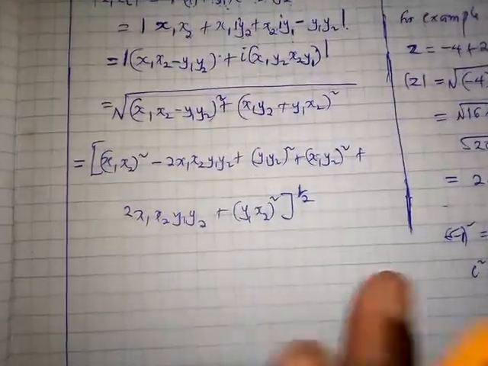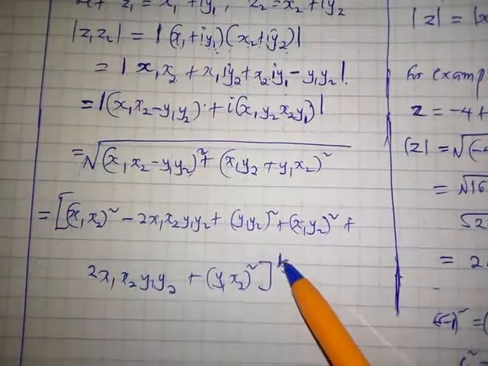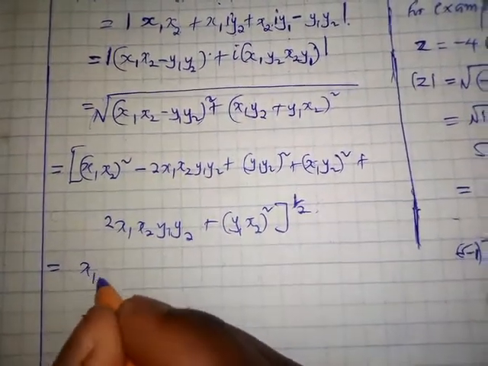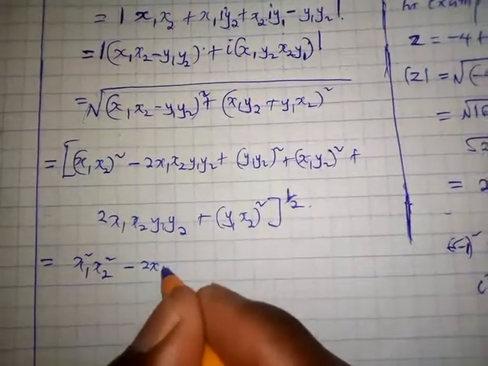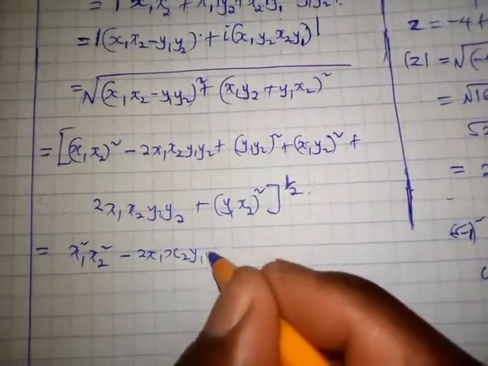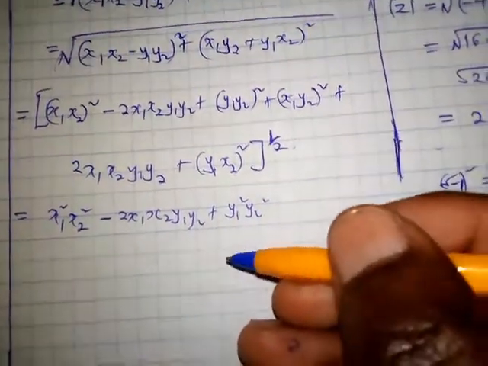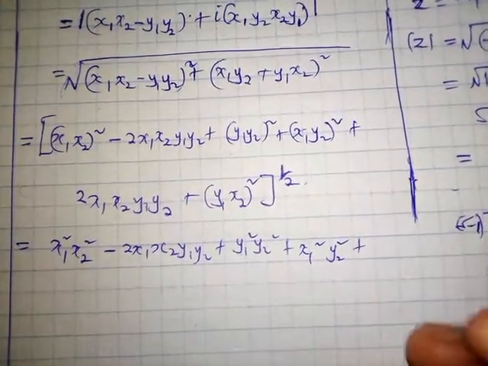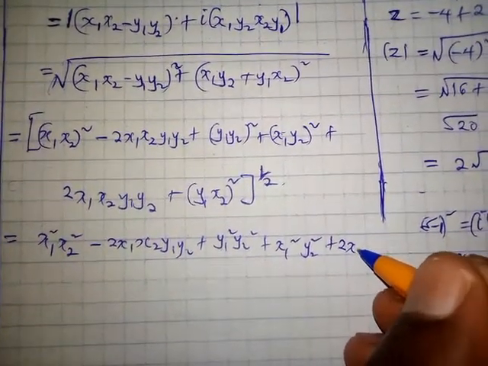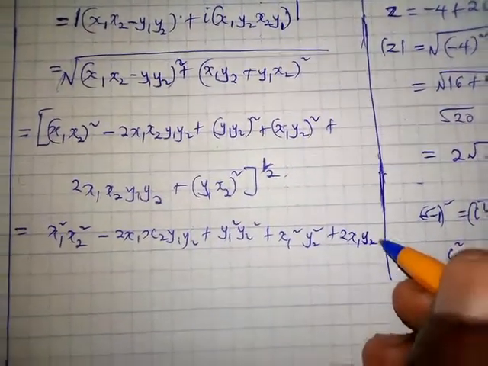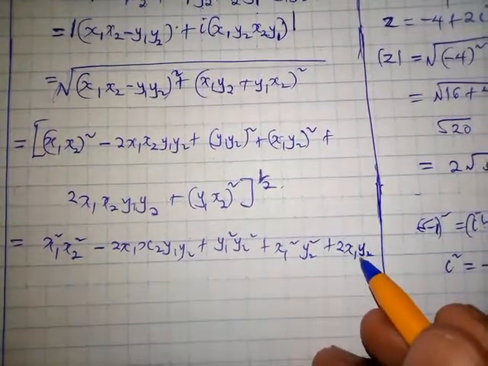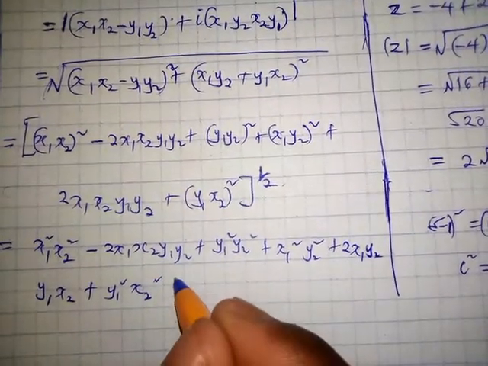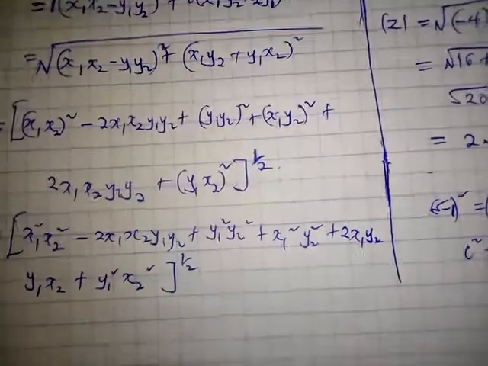Raised to the power half is the same as the square root, so that we have x1 x2 squared minus 2 x1 x2 y1 y2 plus y1 squared y2 squared plus x1 squared y2 squared plus 2 x1 y2 y1 x2 plus y1 squared x2 squared, the whole of this under the square root.